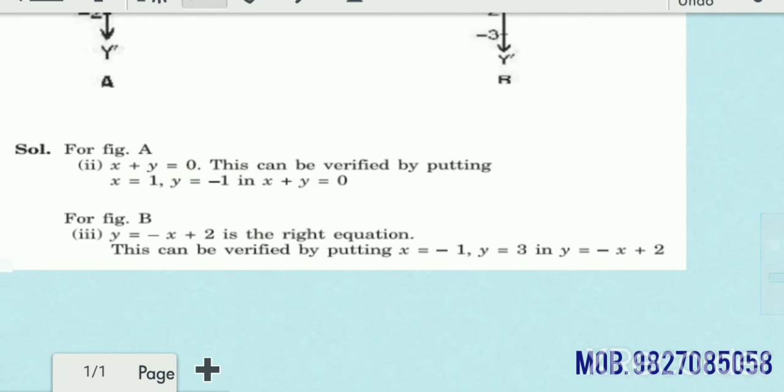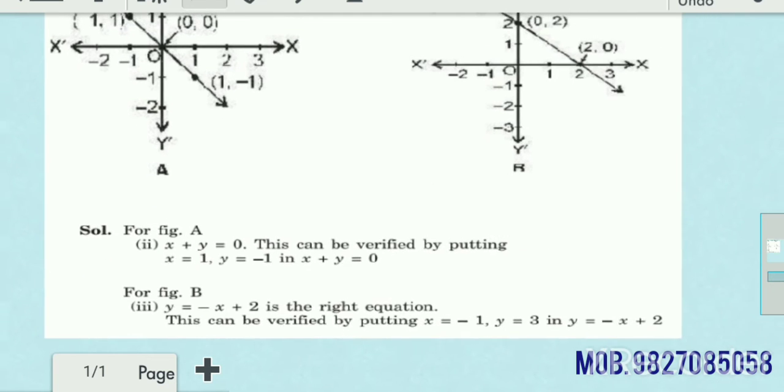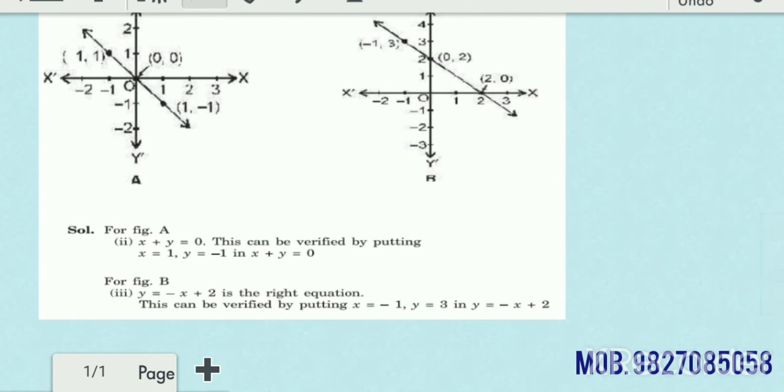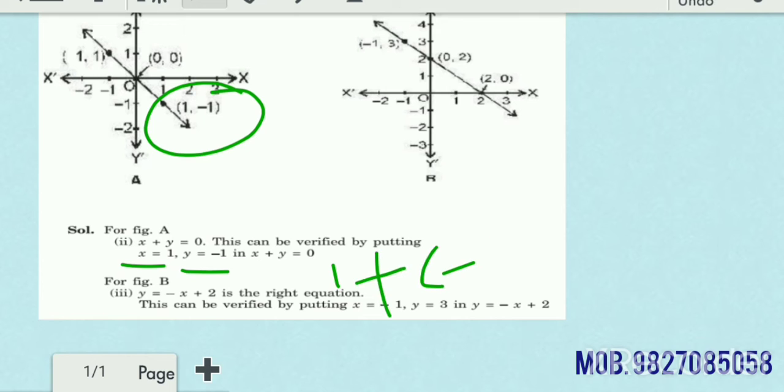Here x is equal to 1 and put this point, y is equal to minus 1. So we easily get 1 plus minus 1 is equal to 0. Okay, so this is a verified point.